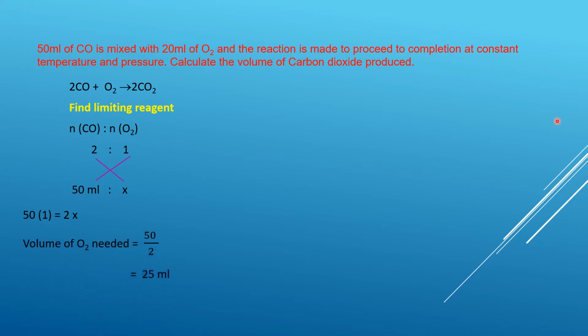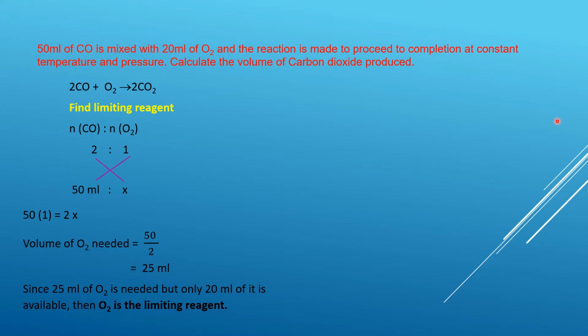So we will have 25 ml. What this basically means is that in order for carbon monoxide to react with oxygen, since according to the equation we have 2:1, if 50 ml of carbon monoxide is present, then we require 25 ml of oxygen.